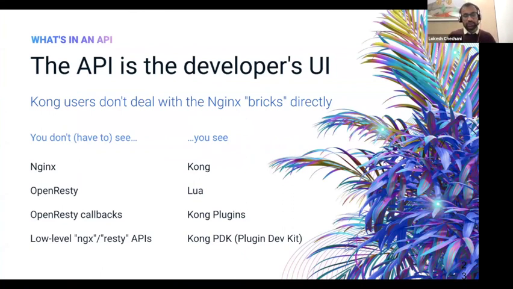Instead, you would be understanding Kong, what its different phases are, writing your plugin in Lua, and understanding the Kong PDK, which extends the low-level Nginx library. That makes extending Kong functionality easier when it comes to development.